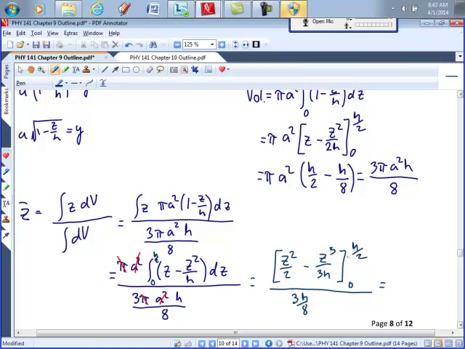All right, so if I put h over 2 in for this, it's going to be h squared over 4 over 2, which would be h squared over 8.